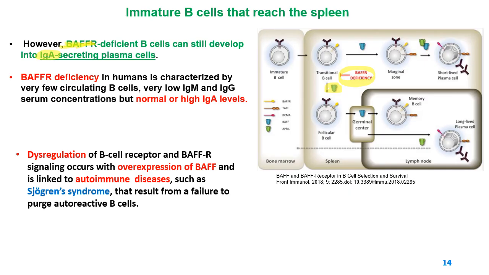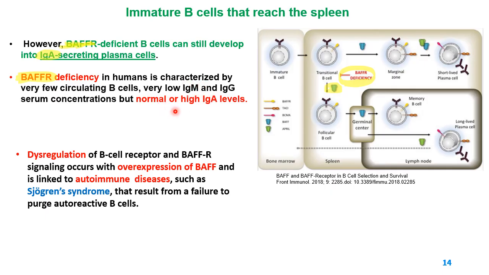So without this best friend of the B cells, you still can produce your IgA, because that's what happens when you have the T-independent type of activation, okay? But you don't do class switching, so you cannot produce IgG, and also, amazingly, you get low levels of IgM production too.